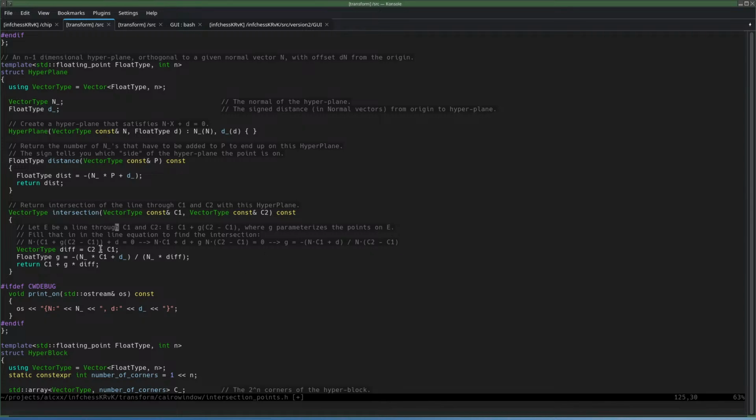So we calculate c2 minus c1, and then we calculate g as the dot product between n and that, divided by the dot product of n with that, and then we return the point by filling g into the line equation again. Yeah, okay.